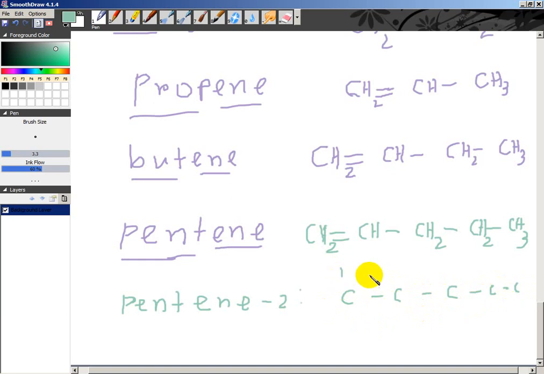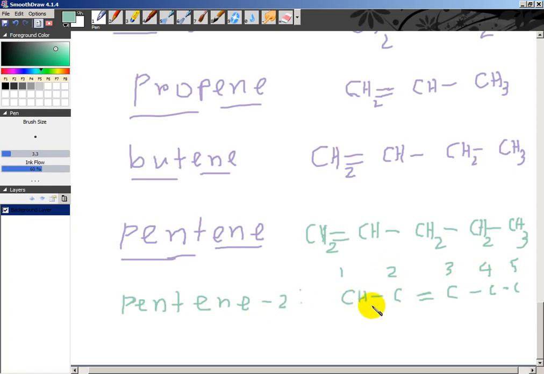So this is position 1, 2, 3, 4. If it is given as pentene-2, I should give this position 1, this position 2, and so now I am putting hydrogen.